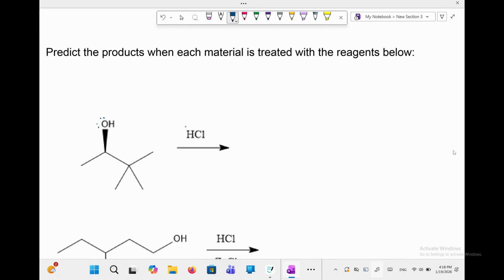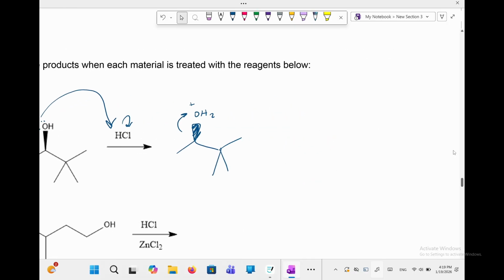Okay, so when we go for secondary reacting with HCl, this essentially forms a good leaving group that's going to leave. And so we can get a rearrangement.